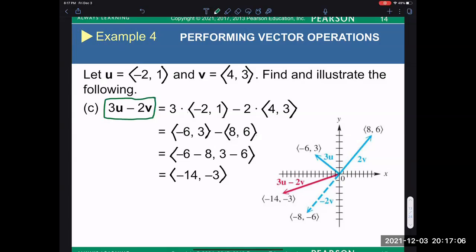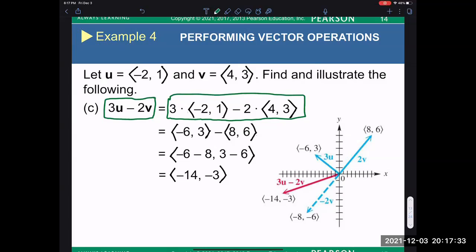So for 3u minus 2v, we would first write out the vectors in component form, replacing u with its coordinate values, negative 2, 1, and v with its coordinate values, 4, 3. And then each of those is multiplied by 3 and negative 2, and then we add them, or multiply by positive 2 and subtract, which means the same thing.